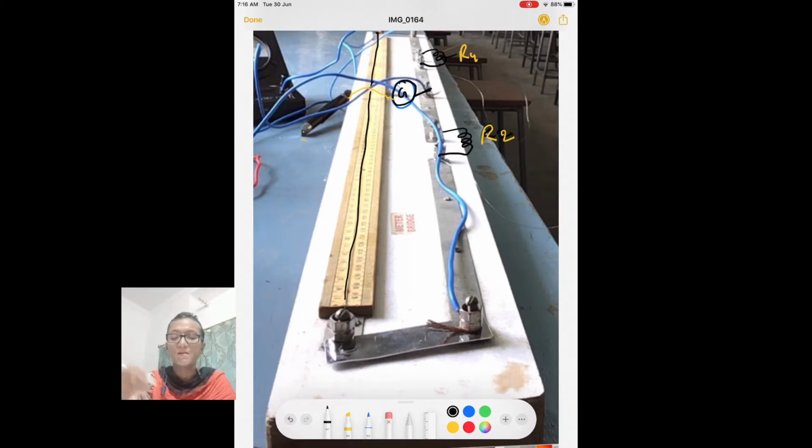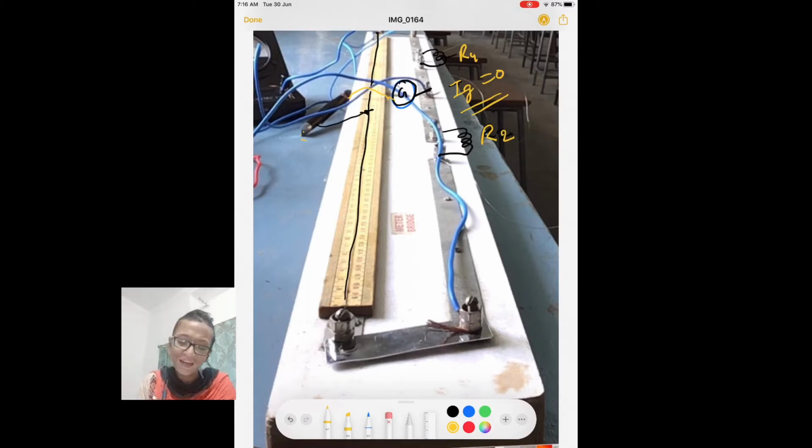So when the jockey moves to any point such that the current through the galvanometer becomes equal to 0, you have to scroll this jockey on this length. It shows that your R1 and R3 are not fixed. When you scroll this jockey on this 1 meter length wire, at one point Ig becomes equal to 0.